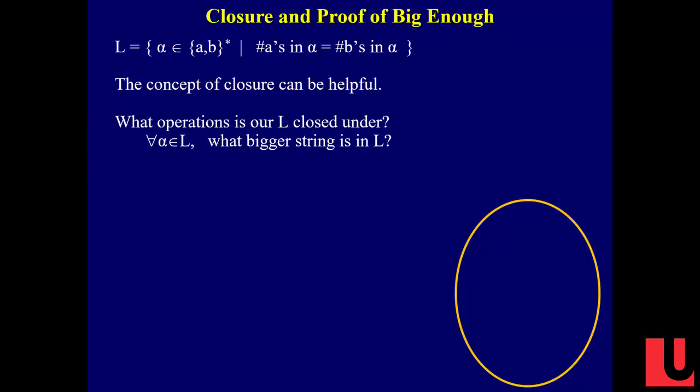All right, suppose I told you that alpha was in the language. What does that mean? Alpha has the same number of zeros as ones. Then can you build up from alpha to another string that has the same number of zeros and ones?